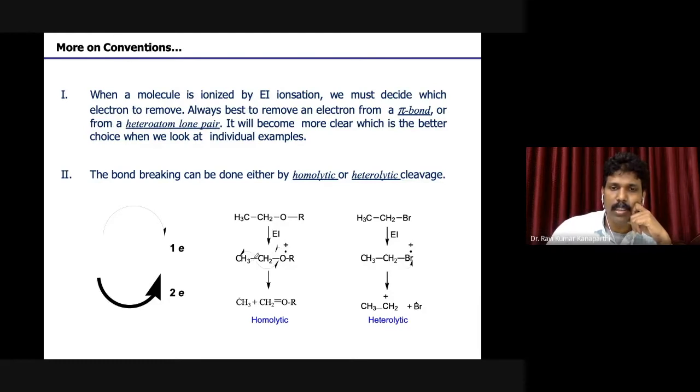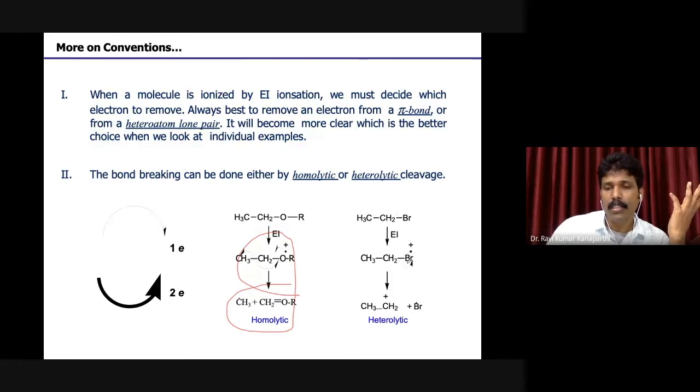On the other hand, one of the bonding electrons can move over here, and this methyl radical can be eliminated as a radical. That is one possibility. So this is an example of homolytic cleavage.